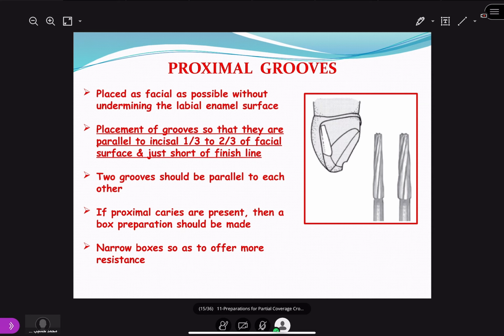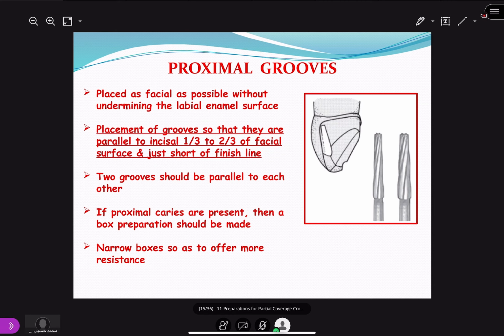So now when you have done the lingual preparation, the incisal reduction, and the proximal mesial and distal reduction, 1 millimeter all around, with the chamfer finish line, then you will start providing the special features. These are special features which we incorporate in the preparation for the partial coverage crown. So what are those features?